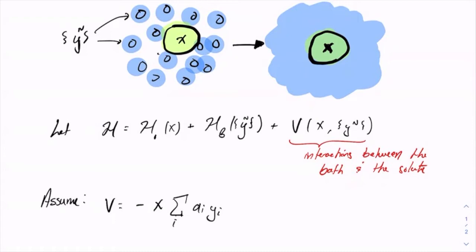So this is the sort of thing which is appropriate if the displacement of the Y's are not too large, if the interaction is not too strong. We have this linear coupling between the system and the bath, the solute and the bath.